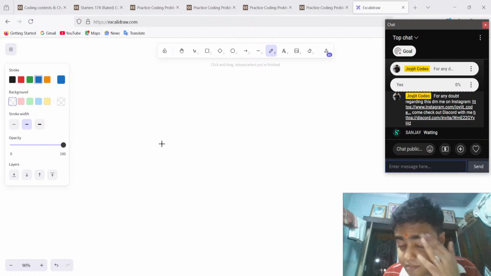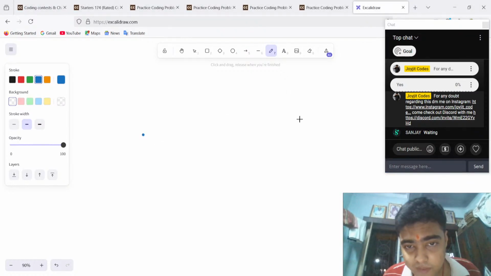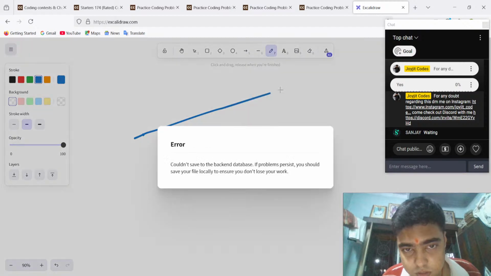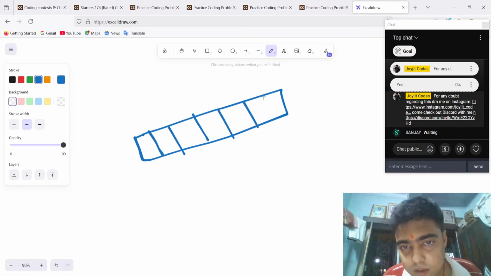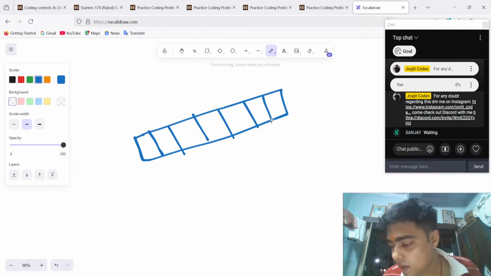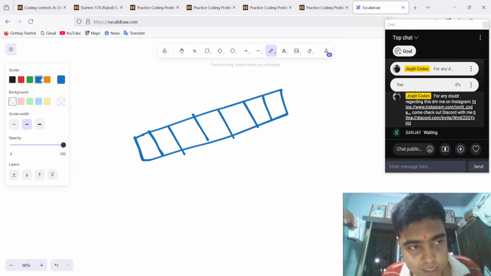So let's say I'm having the array A. From these, we can find a subsequence. So let's say the subsequence looks like this.